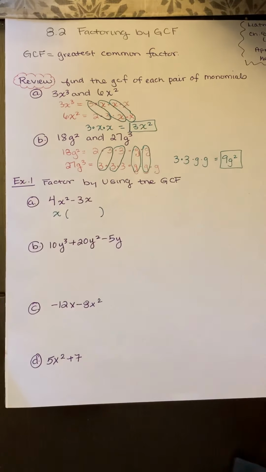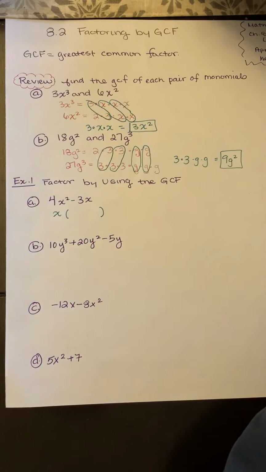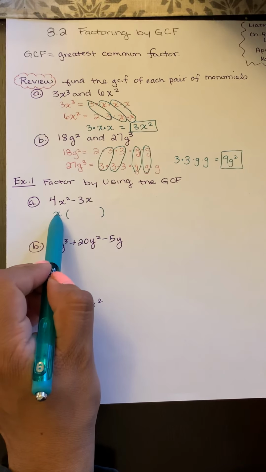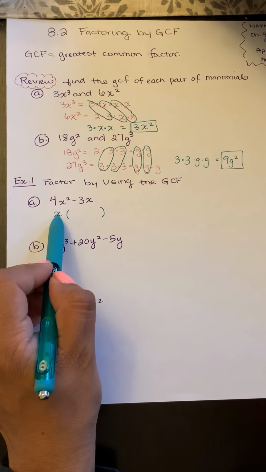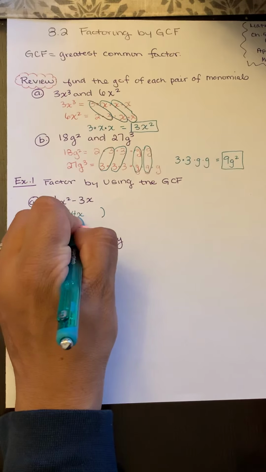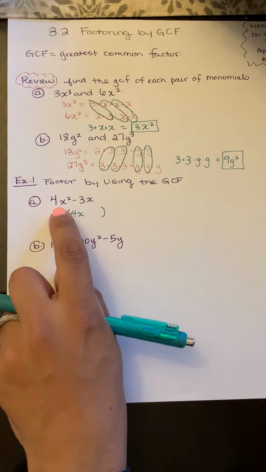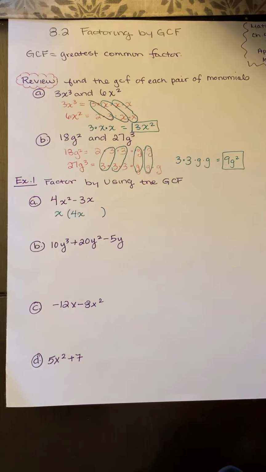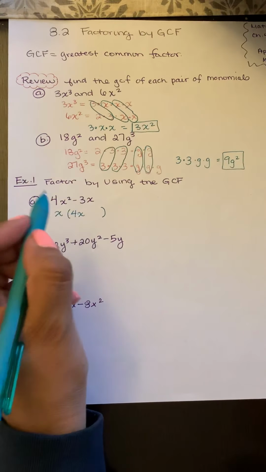If you pull out 1x, students, if you factor out 1x, then you have to decide, it's like undoing the distributive property. What do I need to multiply this x by to make it 4x squared? It's 4x. Double check your work. 4x times x gives me 4x squared. So I'm undoing the distributive property.